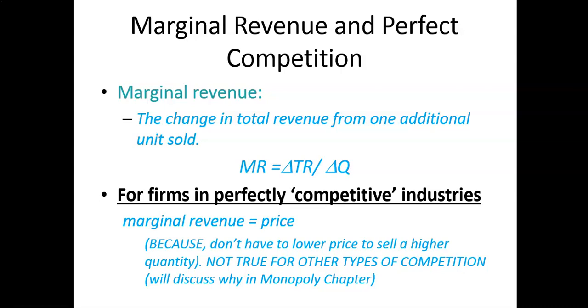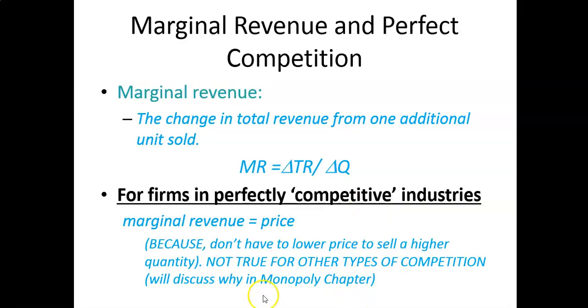So unlike a company facing a downward sloping demand curve, they don't have to lower the price to sell a higher quantity. They just produce a higher quantity and they can sell that. From part one, they can produce as much as they want at the market price is the assumption in perfect competition. So marginal revenue and price are one and the same. That will no longer be true for the other types of competition, and we'll discuss why when we talk about monopoly in the next chapter.